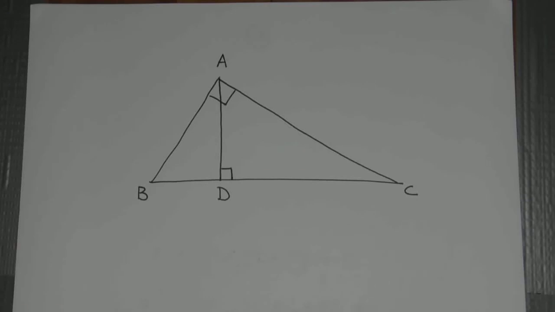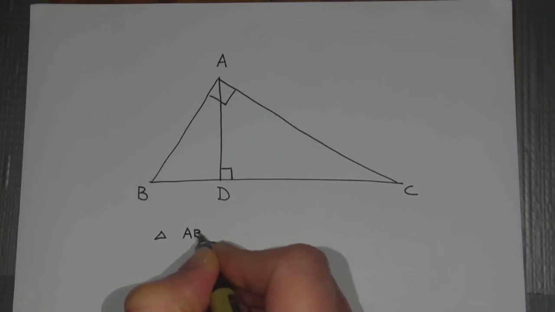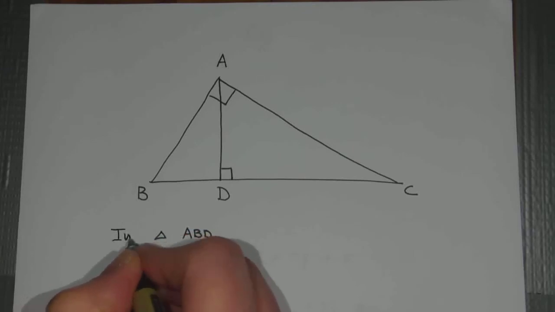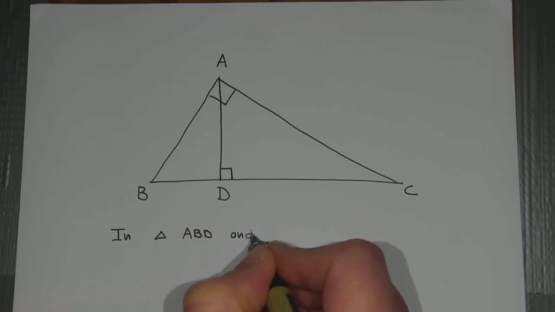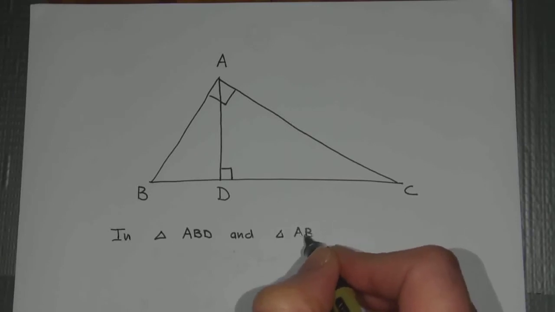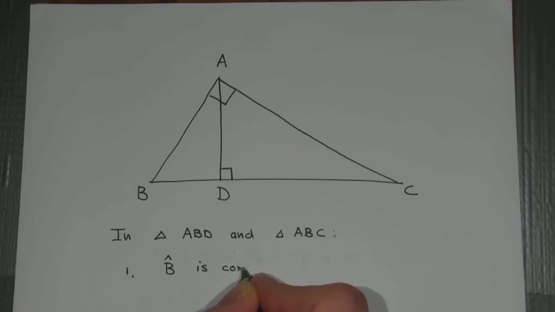So the reason that triangle ABD and the big one, triangle ABC, are similar is, number one, you've got a common angle at B. So that's a common angle.